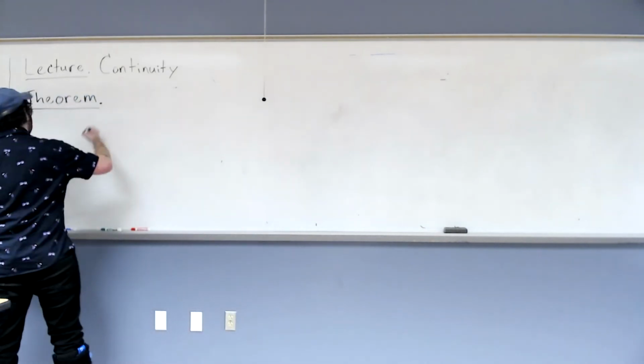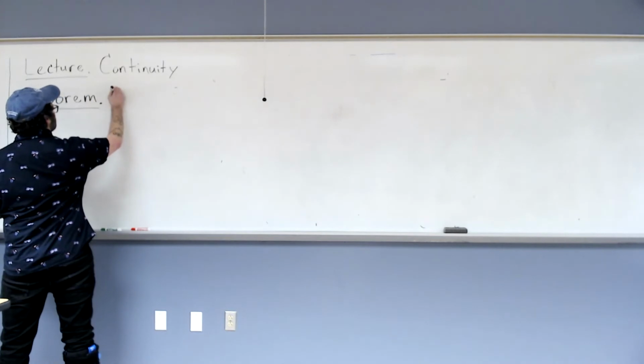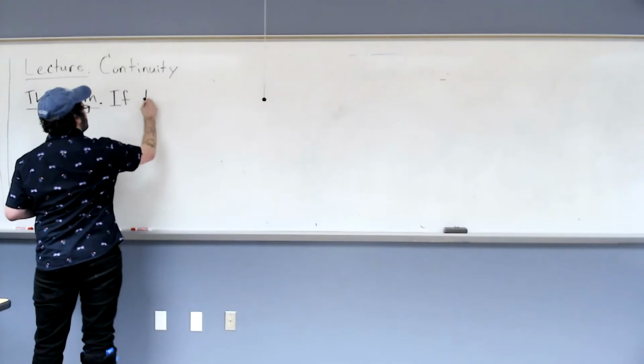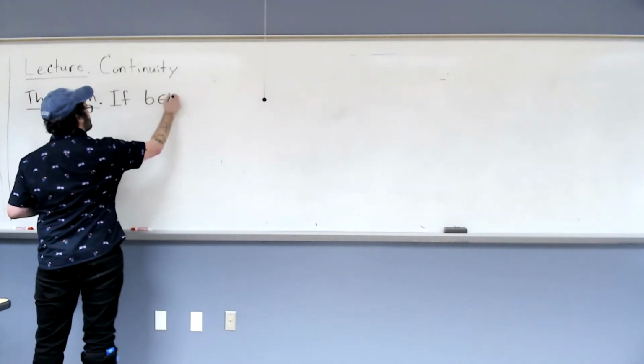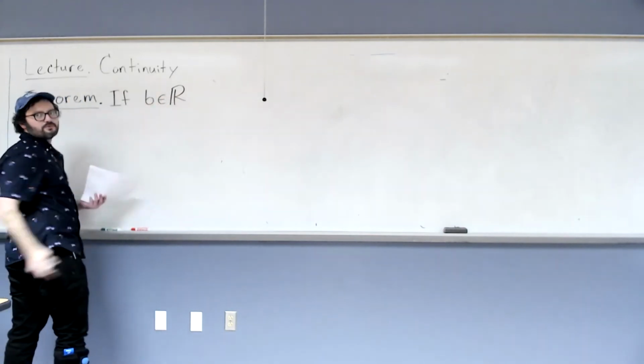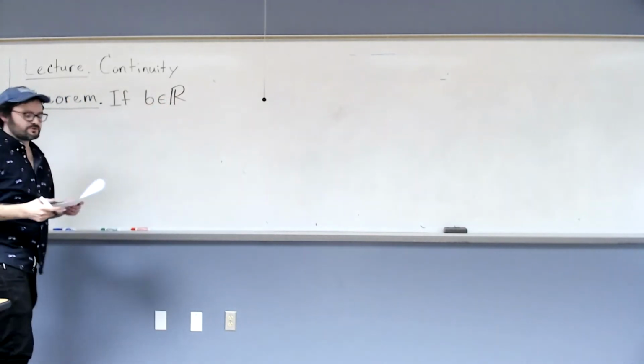So to write this out formally, if b is some real number, again, there's that epsilon, that just means b is a real number. That's all that says. Just shorthand for it.